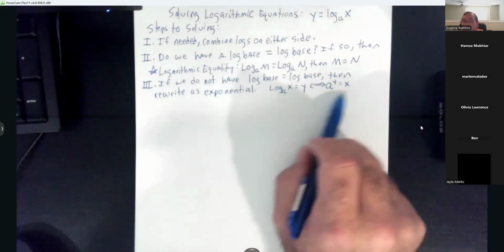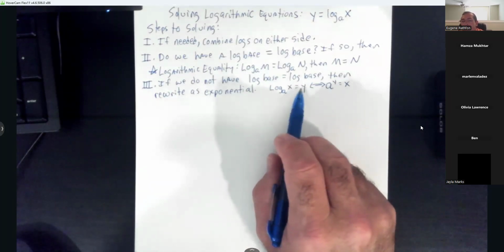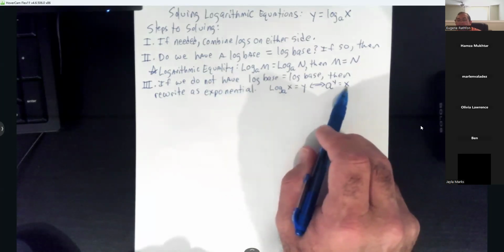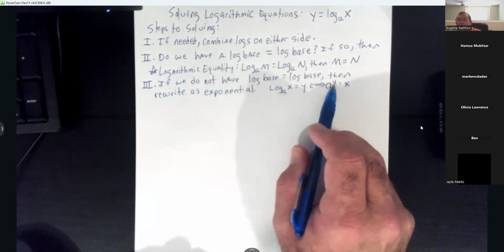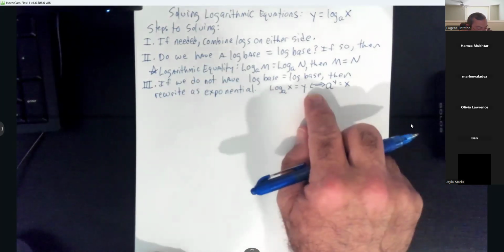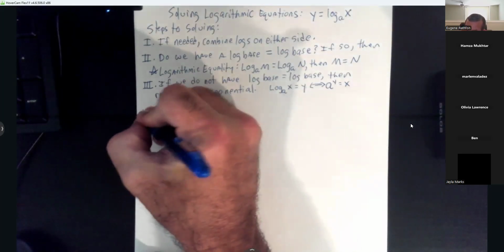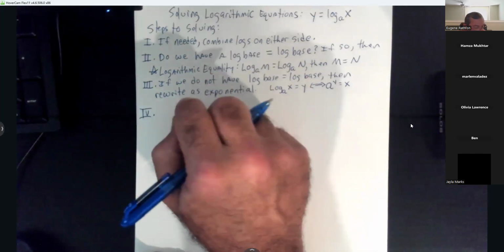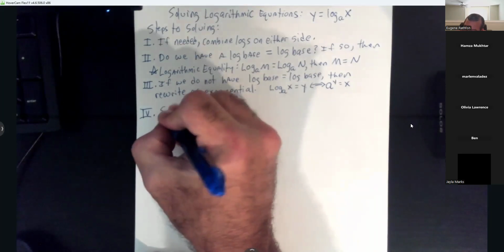Okay, so we rewrote these the other day. I think the other day I had the y here and the x here, but it don't matter. You can see that the x is still the result, y is still the exponent, a is still the base. So rewrite it as exponential. At that point, no matter which way you went, solve for the variable.